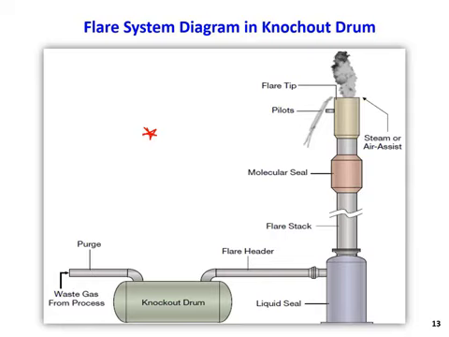Then they are collected to the knockout drum, flare header. Even this part is also called flare header. Then we send it to the flare. Those are the main parts of the flare. The bottom part is the liquid seal, where we collect some liquid.